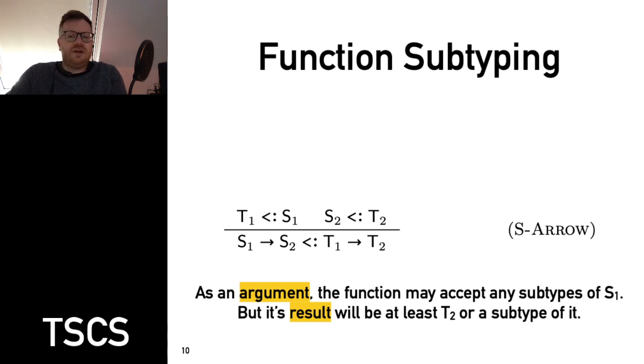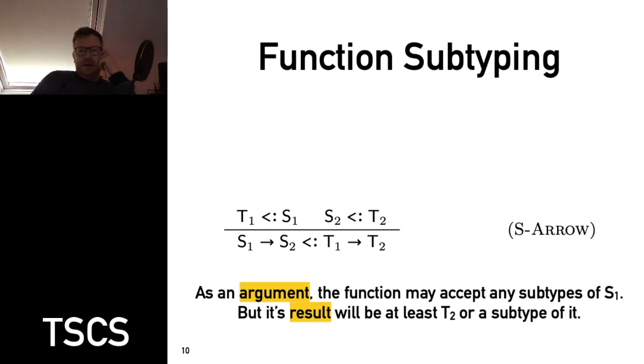Now we need to talk a little bit about function subtyping. The one thing that bothered us in the beginning was not only that records cannot be typed as other records, but its application to a function. The idea now is that we have a subtyping rule for function application, which works a bit like this.